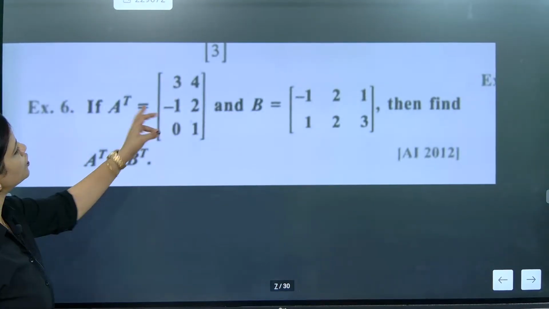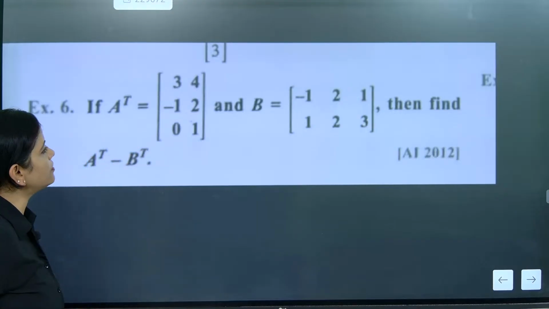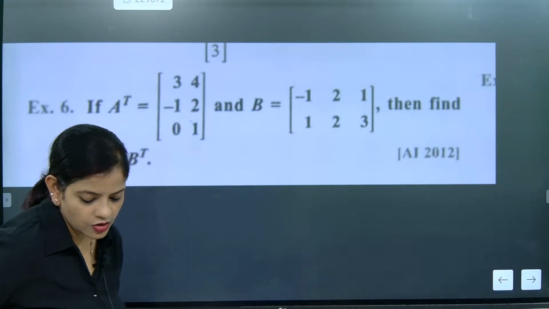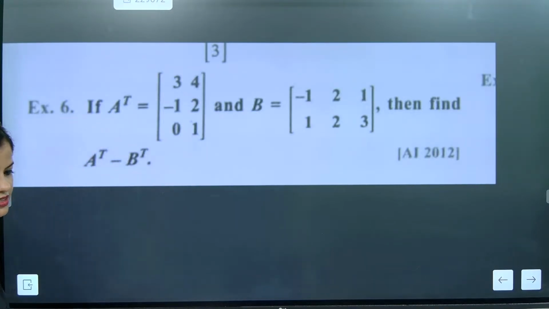Now look at this: transpose of A is equal to what is given. Now transpose of A is this one minus transpose of B. Then what could be the answer? Column wise or row wise, you must answer.